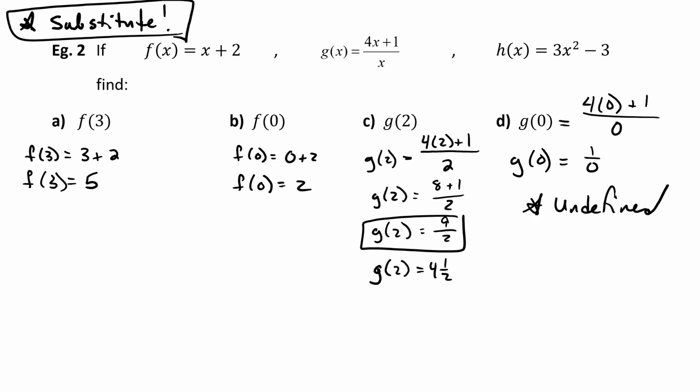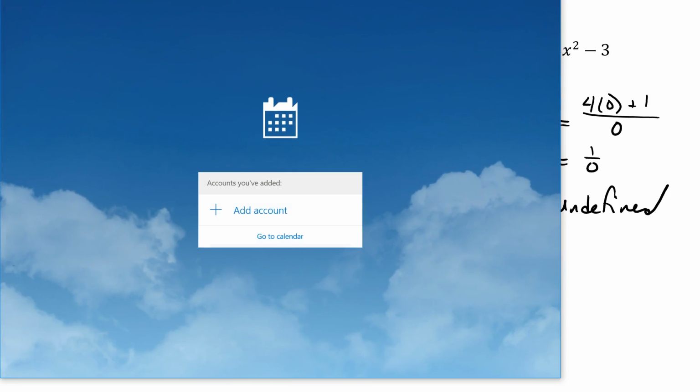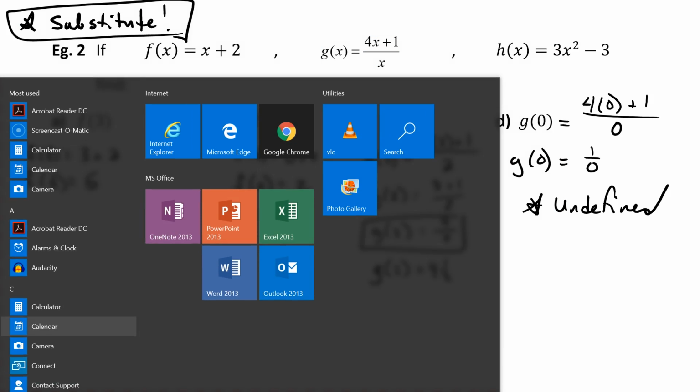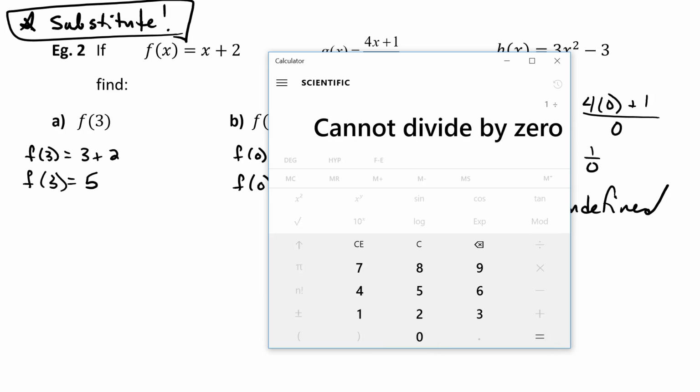Because if we were to grab a calculator, 1 divided by 0, what is that? Whew! Cannot divide by 0. Your calculator probably is not as articulate as that.